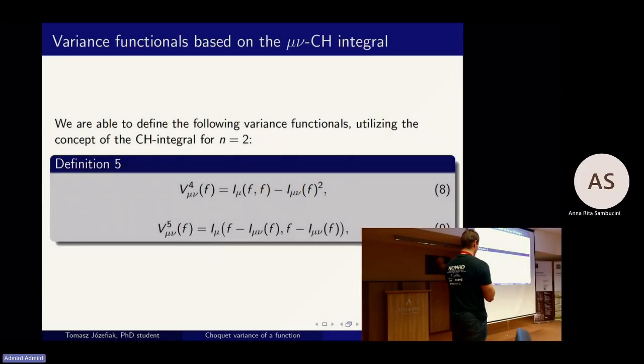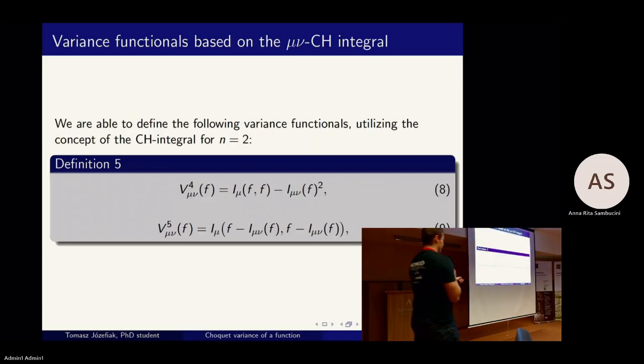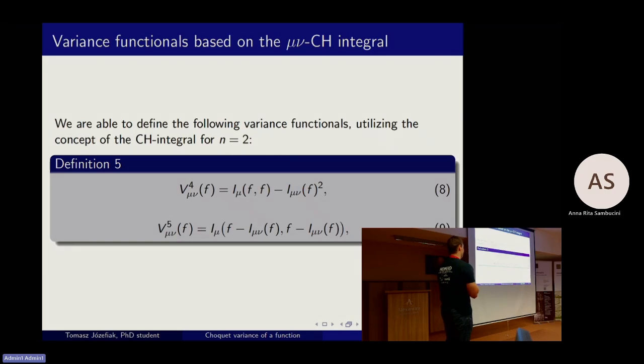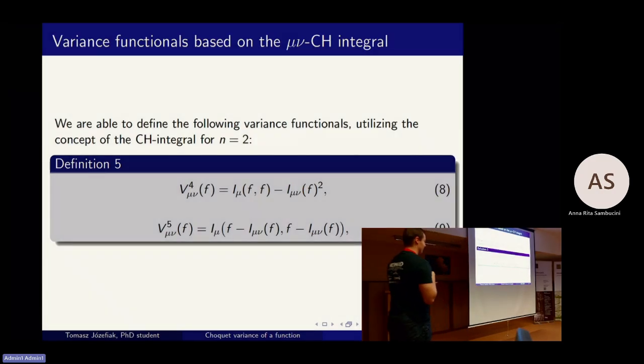In this definition we can simply use one monotone measure, because if this is the same function, then it doesn't matter what we put next to it. And here is where the concept of the double Shortcut integral is used, because we are using the dot, meaning the comma, meaning that the definition of the double Shortcut integral is employed.